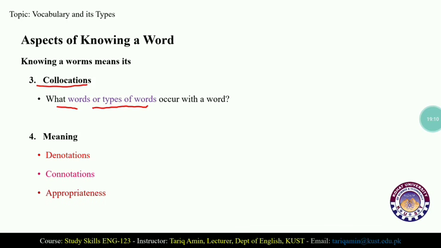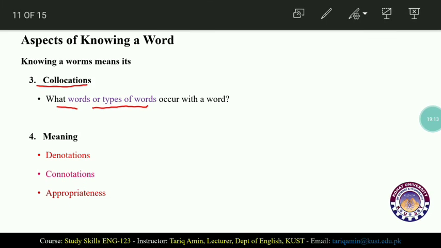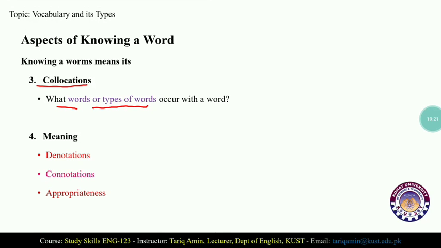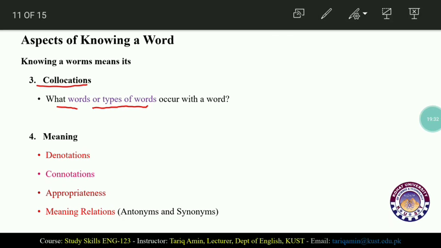And appropriateness, or appropriacy, means where a word could be used appropriately. Okay, meaning relations, antonyms and synonyms. You should know the antonyms of a word and you should know the synonyms of a particular word as well.